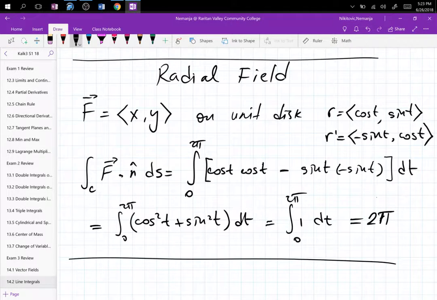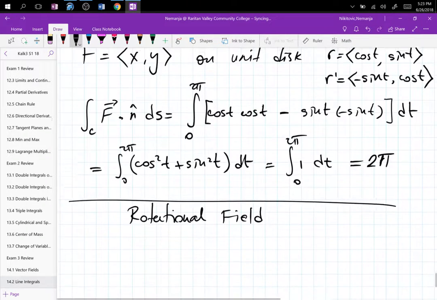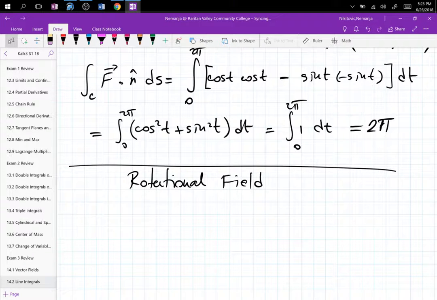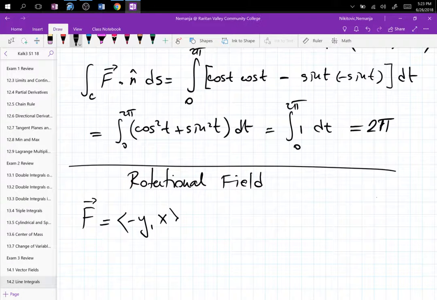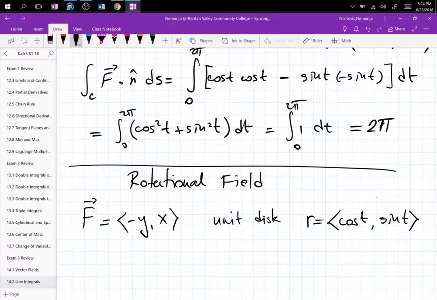So let's take a look at the rotational field. For the rotational field, I don't know if you already memorized it or you haven't, the field is negative y, x, and then we have our good old unit disk, which is given as r equals cosine t, sine t, and these are vectors.